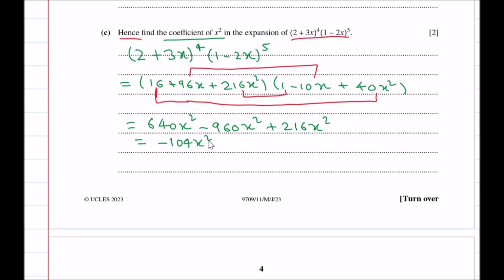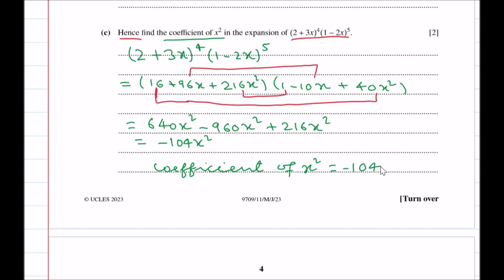The question is asking the coefficient of x square, so we cannot leave it here. We need to write or specify what the coefficient is. So we will write here: coefficient of x square is equal to minus 104.